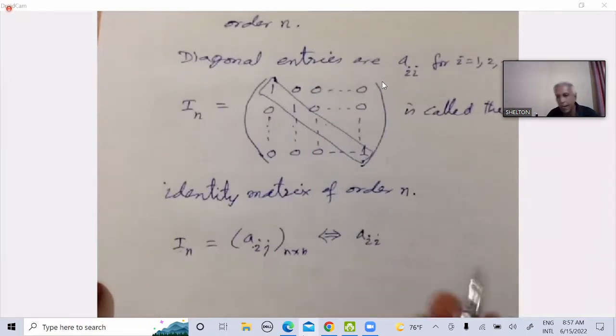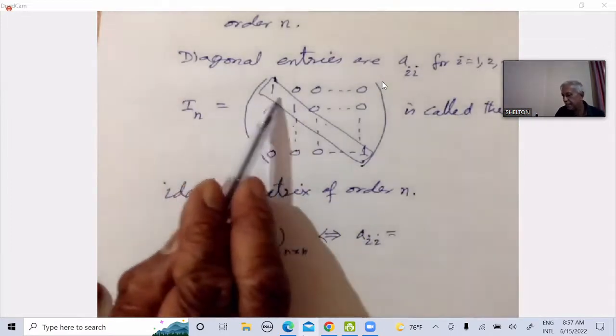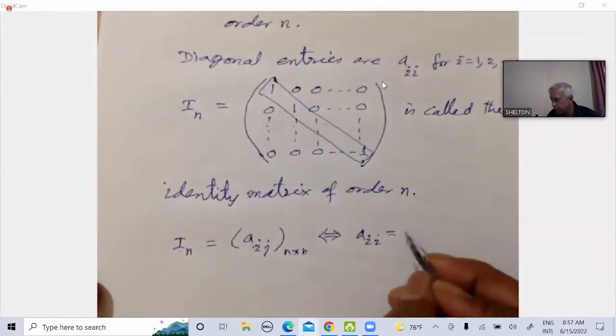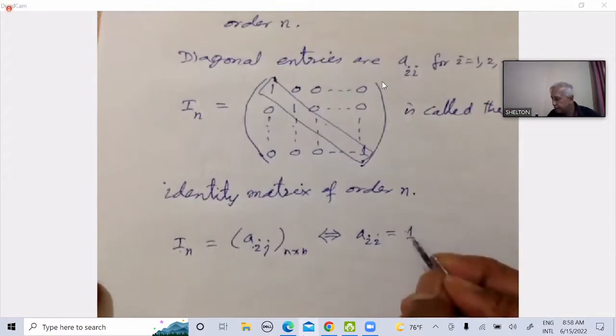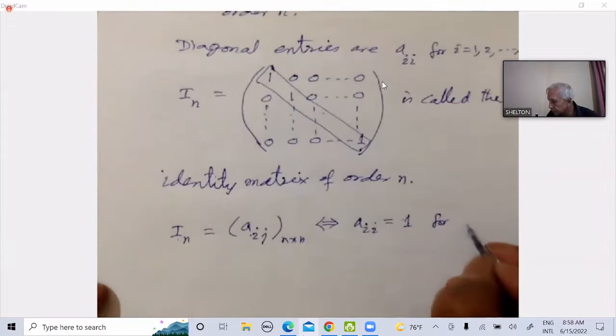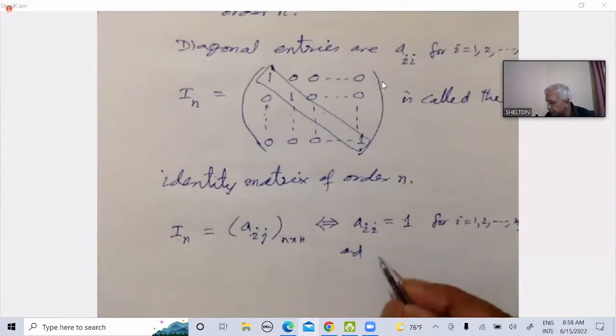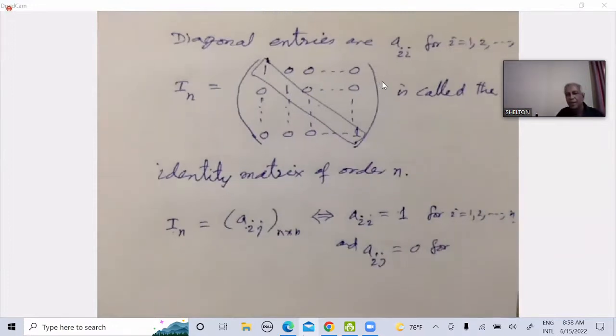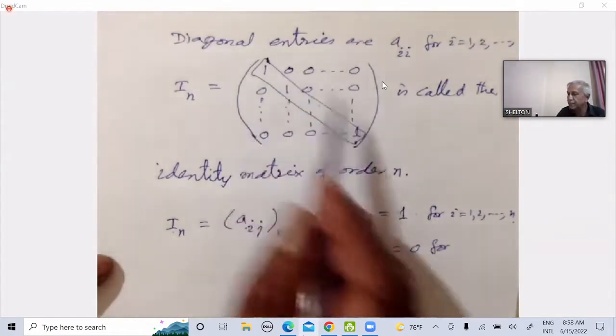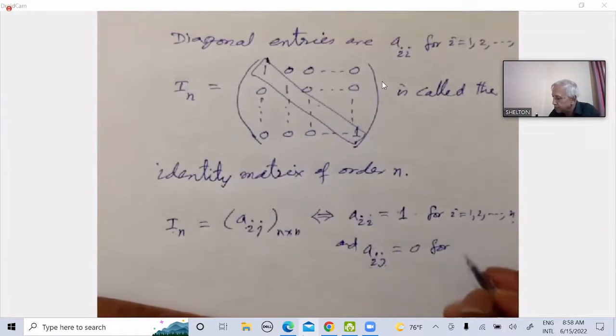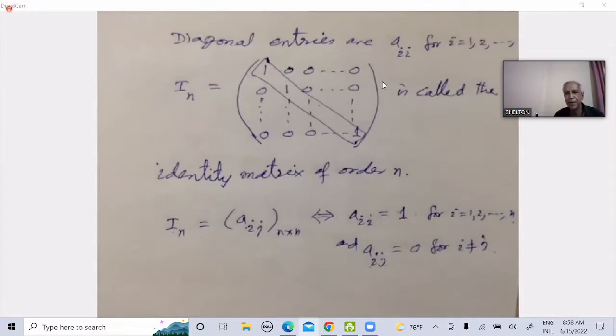A_ii should be equal to 1, for i going from 1 to n, and A_ij is equal to 0 for all i not equal to j, i and j going from 1 to n.